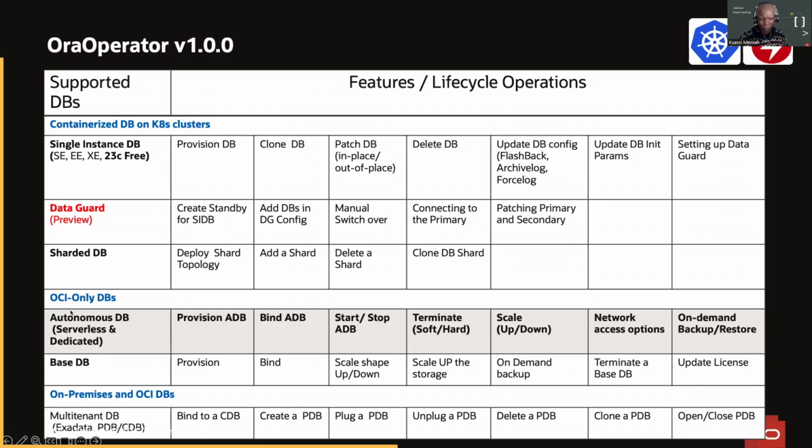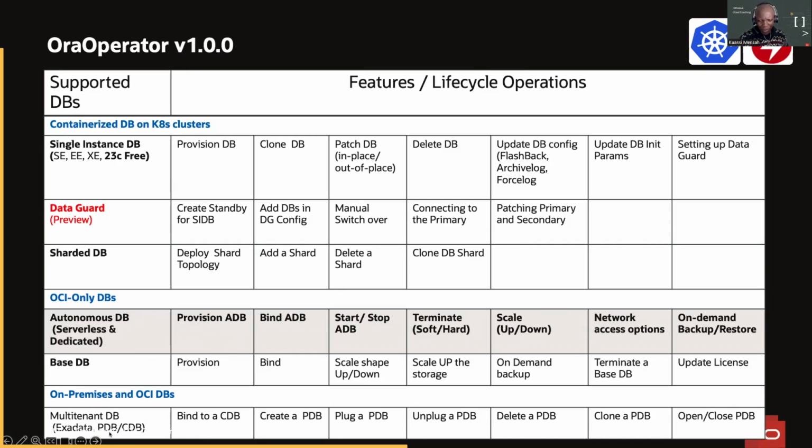Okay. Then we also support sharded database, and you can see all the lifecycle operations you can do with sharded databases running within the Kubernetes cluster. Now, outside of the Kubernetes cluster, but still on OCI, we support the autonomous database, of course: provision, bind, start, stop, etc., and BaseDB.